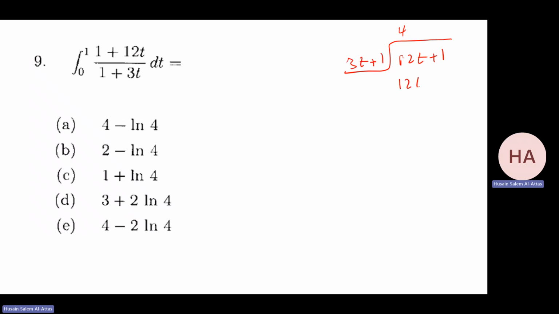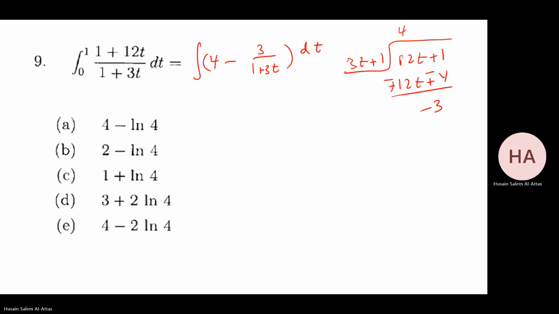So I have 12t plus 4. This plus minus minus. So I have minus 3. So this one will be 4 minus 3 over 1 plus 3t dt. You can always check. That will be 4 minus 12t. No, there's something wrong. 12.